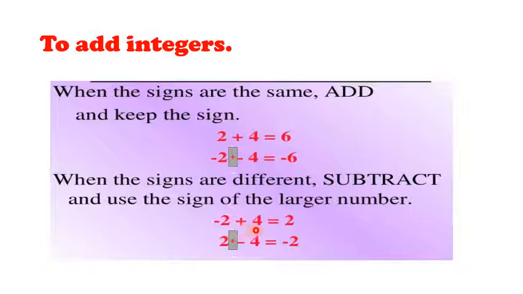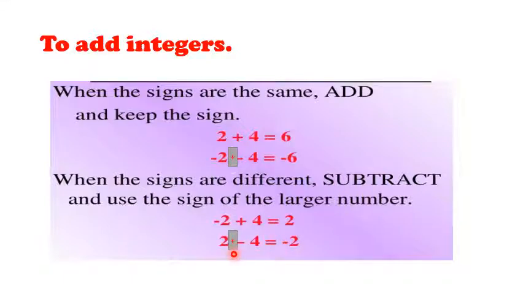I will subtract them, subtract 4 minus 2, and the answer will be 2. Then use the sign of the larger number. Which one is the larger number here? The larger number is 4. So I'll take the sign of 4, and the sign of 4 is a positive sign. So the answer will be 2 or positive 2.